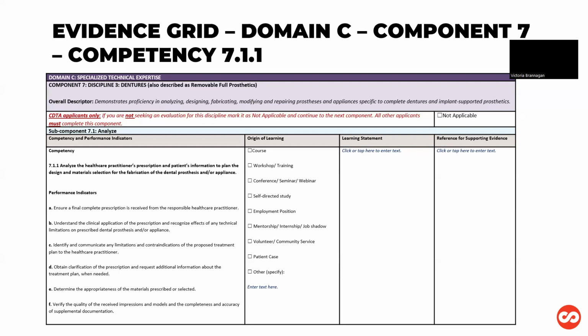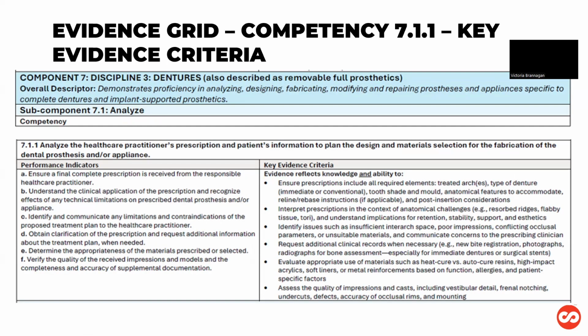And the competency specific to that subcomponent is: analyze the healthcare practitioner's prescription and patient's information to plan the design and material selection for the fabrication of the dental prosthesis and/or appliance. Again, please take a little bit of time to read through these performance indicators. Then I will move to the next slide where you can see the key evidence criteria.